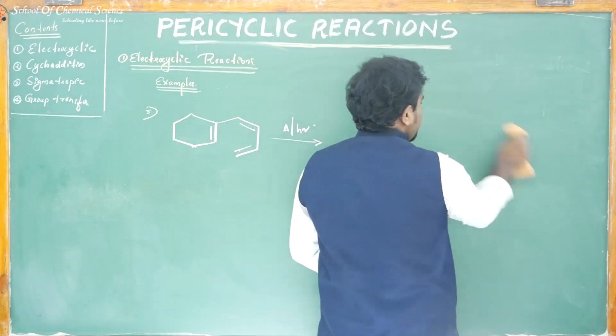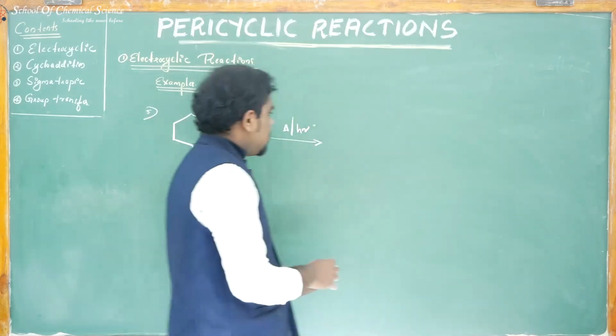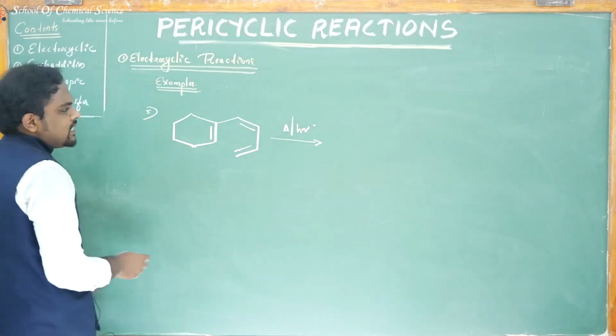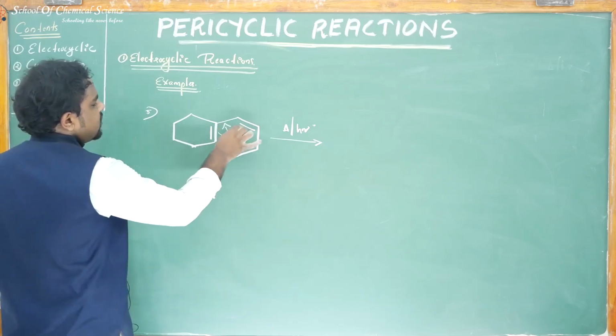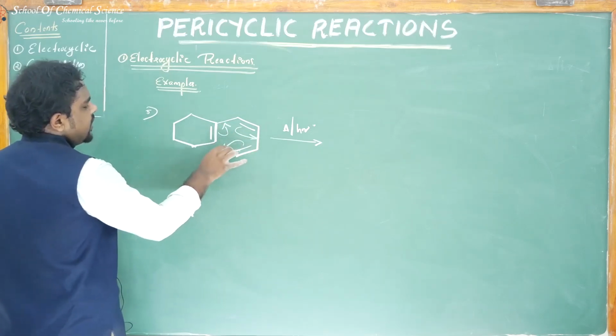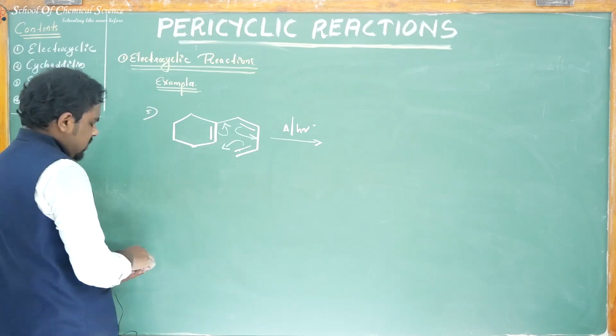In presence of heat or light, what is the product? Cyclization takes place because this is a conjugated polyene. This towards here, this towards here. Between these two carbons, a new sigma bond is formed.